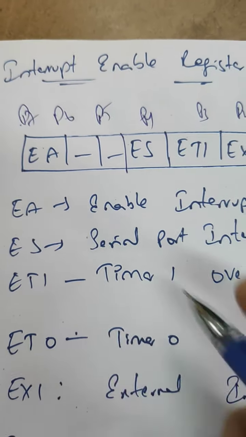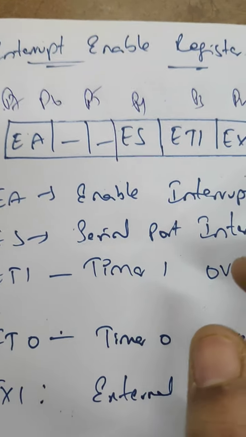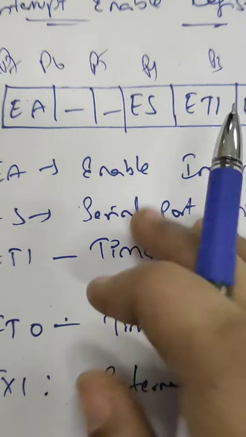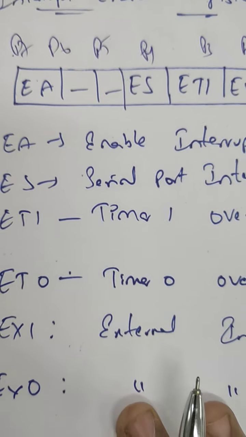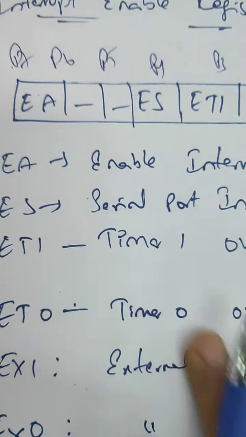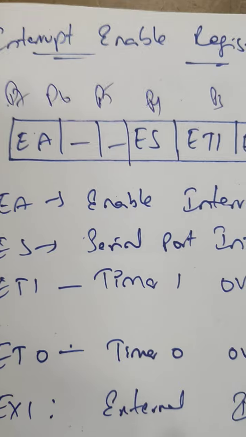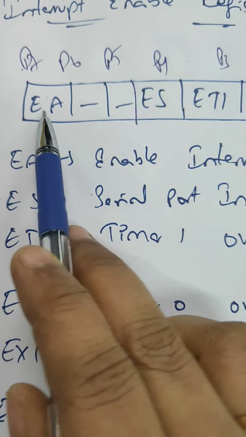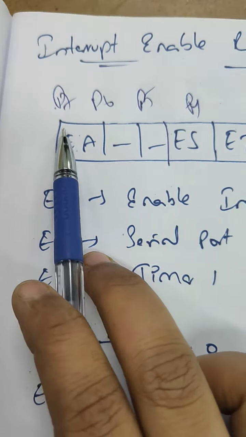Now, whenever I want to have an interrupt in my program or function, to enable that interrupt, this EA is used, that is enable interrupt, the D7 bit.